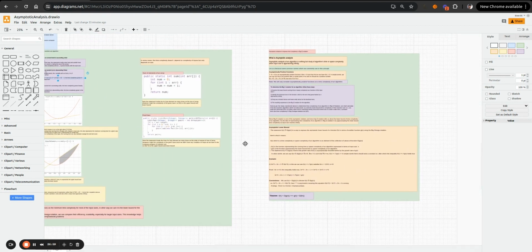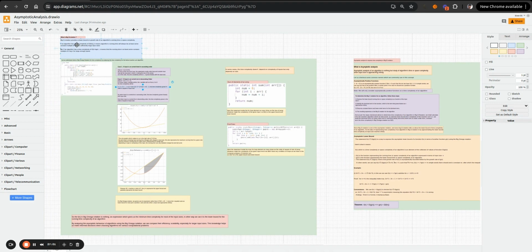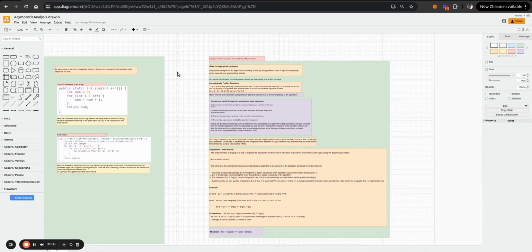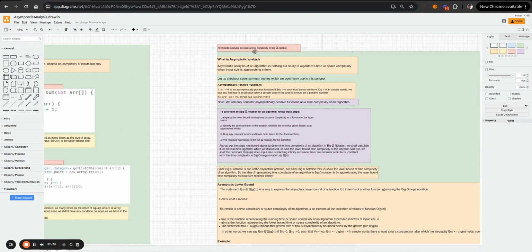So this is what we have seen till now. We have seen what big omega notation is, which is nothing but lower bound time complexity. We have seen two examples to understand it better: the insertion sort example and the sum of array and finding a place example. We understood what big omega notation is, what asymptotic analysis is, and what asymptotically positive functions are.